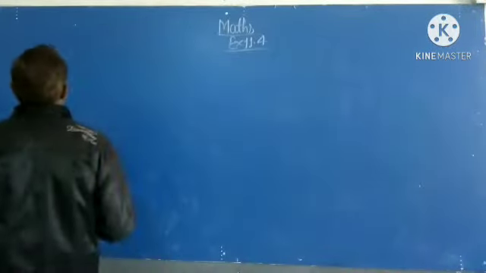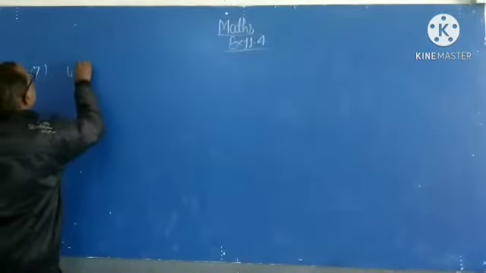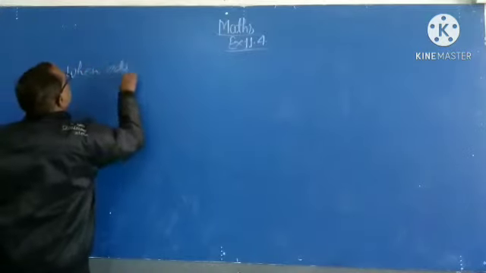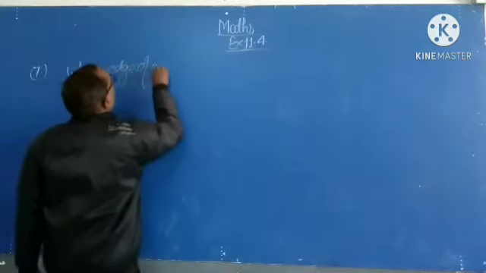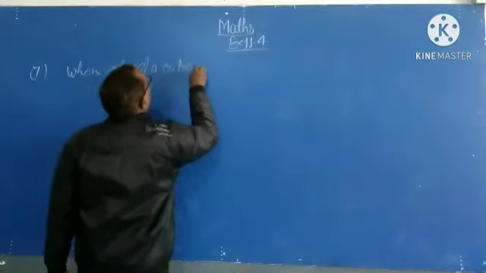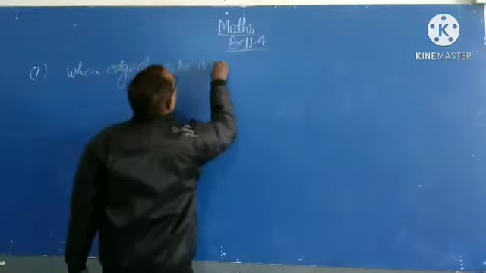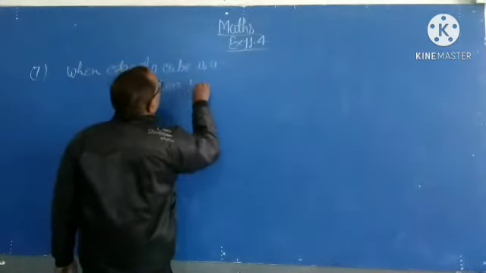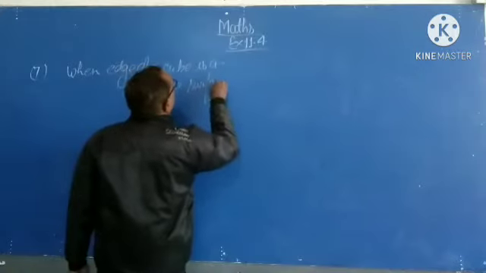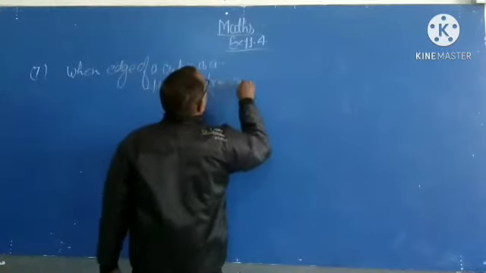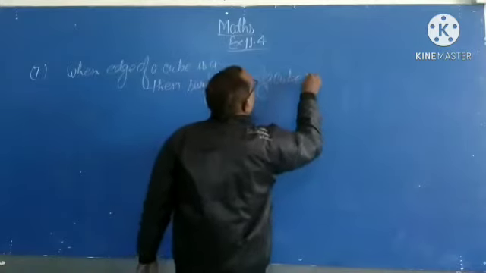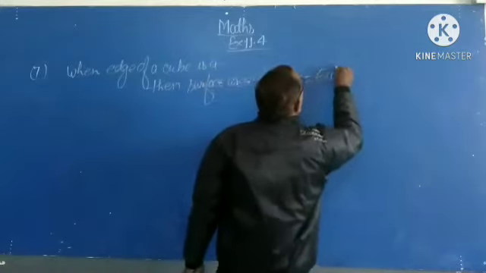When edge of a cube is A, then surface area, means total surface area, of a cube is equal to 6A square.